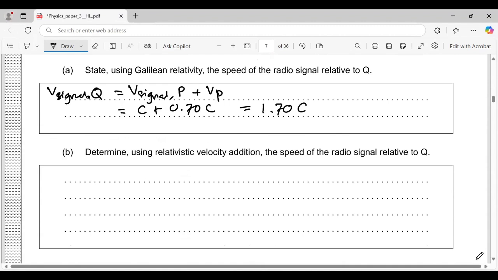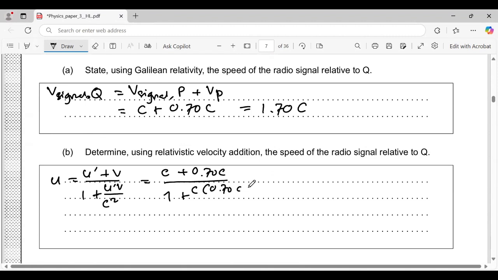Next question. Determine using relativistic velocity addition the speed of the radio signal relative to Q. So we need to use the relativistic velocity addition formula: u equals u prime plus v over 1 plus u prime v over c squared. It is C plus 0.70 C over 1 plus C times 0.70 C over C squared.